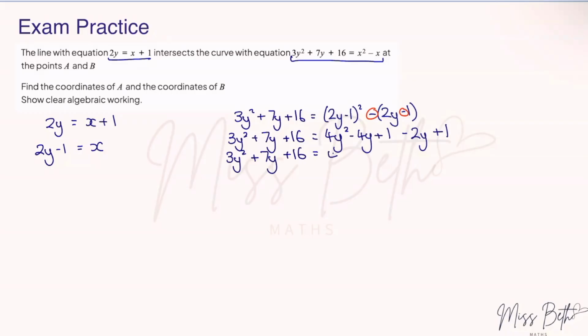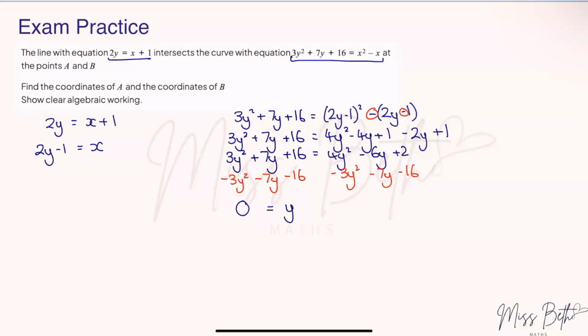So we've got 4y squared minus 6y plus 2. So I'm going to subtract everything from the left-hand side and do the same on the right-hand side. So my simplified version would be 0 is equal to y squared minus 13y minus 14.